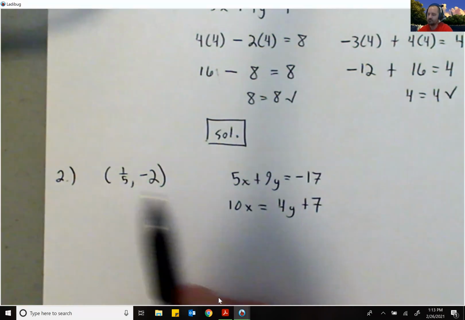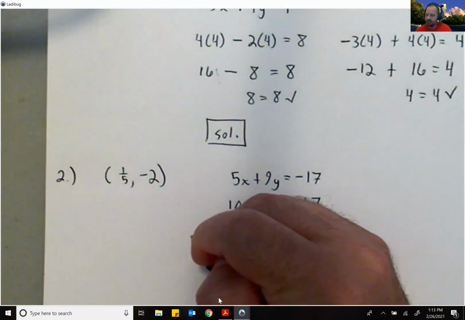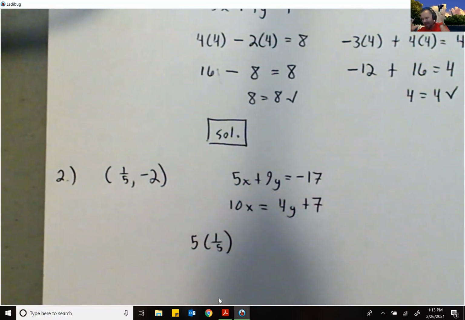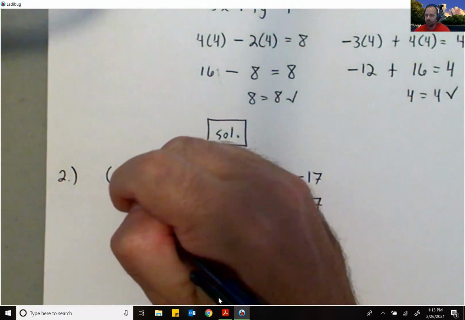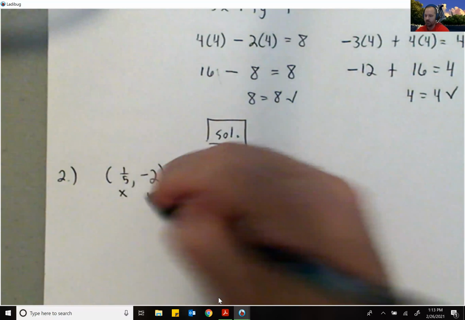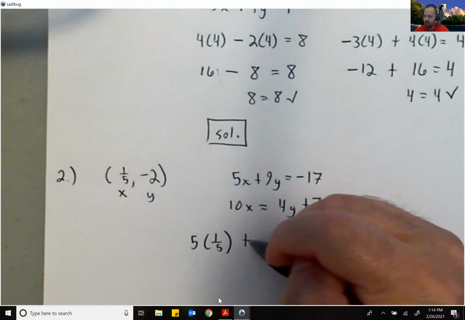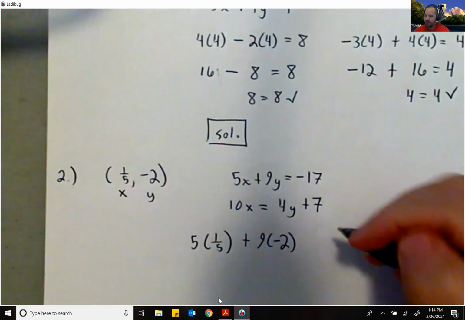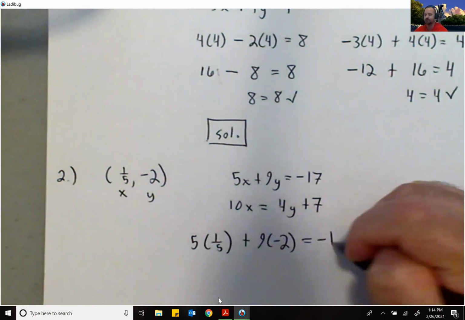So we're going to plug in. So we're going to take 5 times 1/5. I know many of you are probably freaking out, it's a fraction. That's okay. We got a calculator. Because the 1/5 is the x, we'll plug negative 2 in for y. So that gives us 9 times negative 2 equal to negative 17.